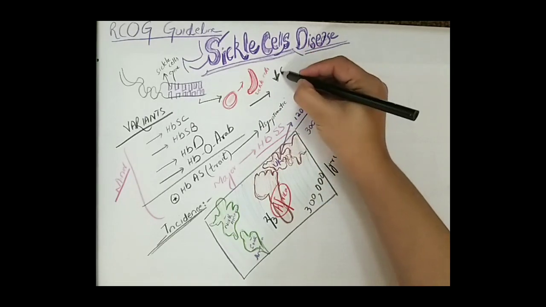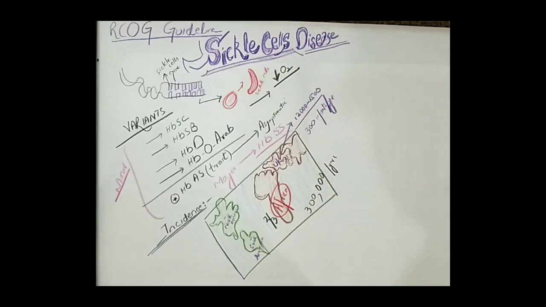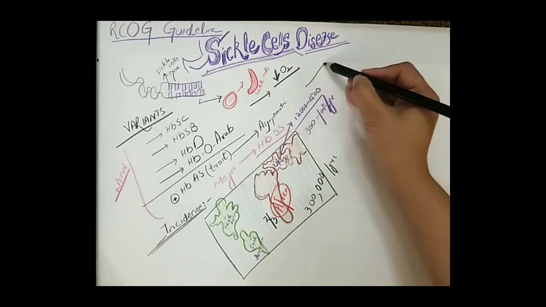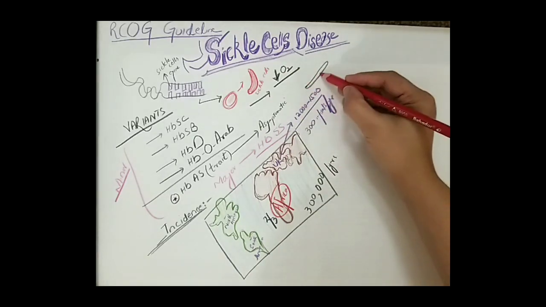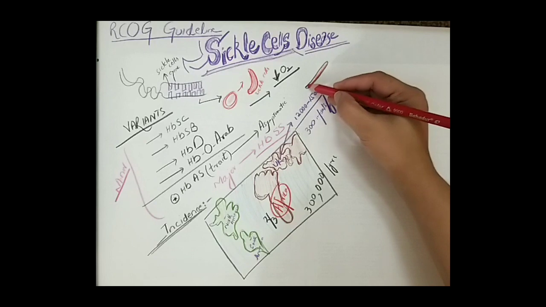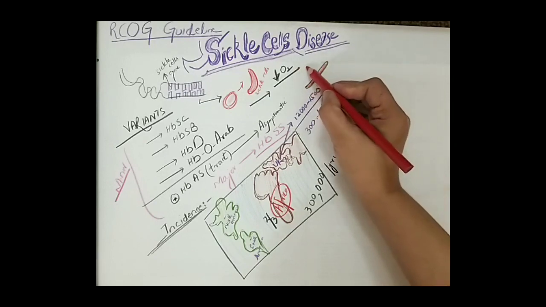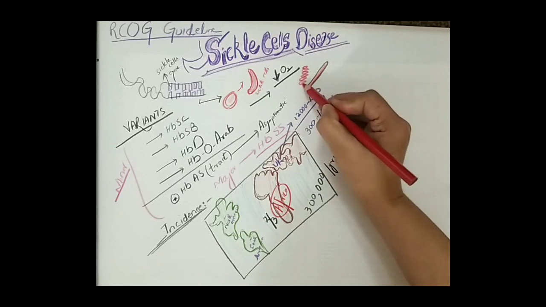Now coming to the pathophysiology, as we have told you, there is sickling of the cell as a result of the changed structure of the hemoglobin. That sickling causes polymerization of this abnormal hemoglobin in the presence of decreased oxygen.